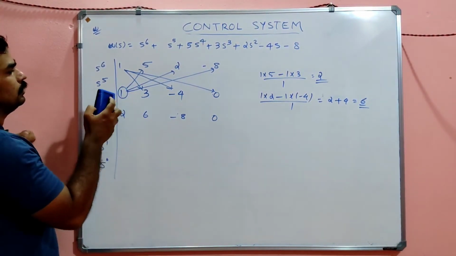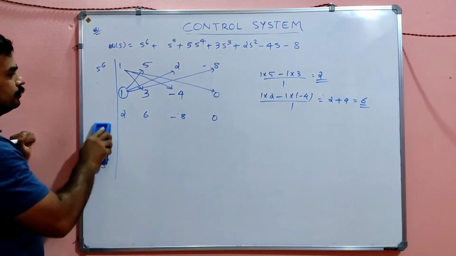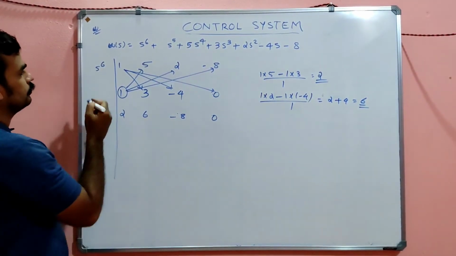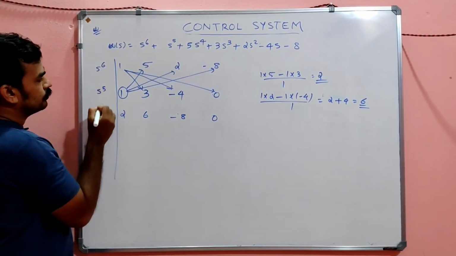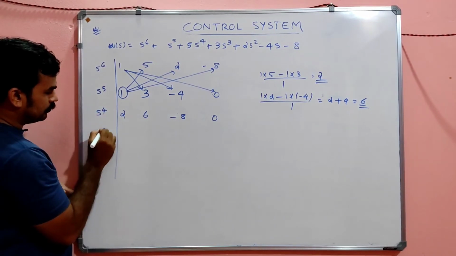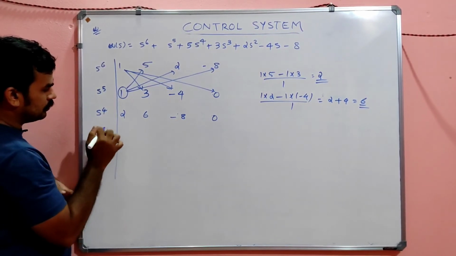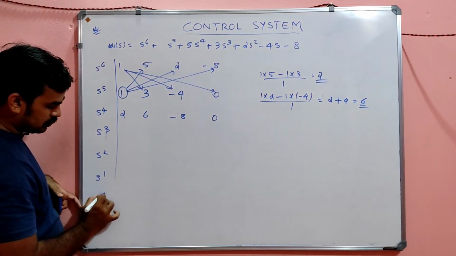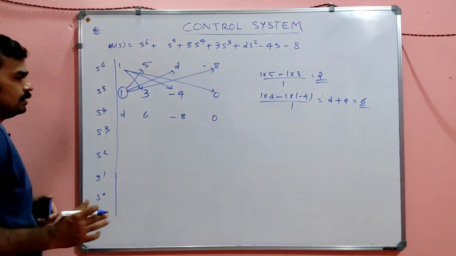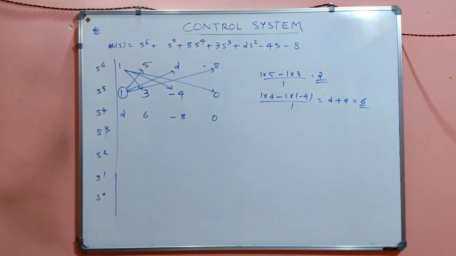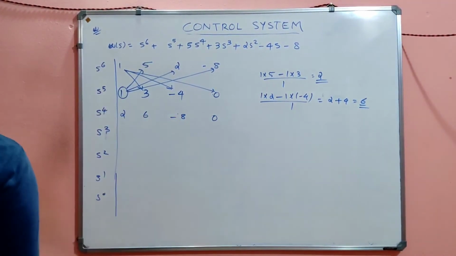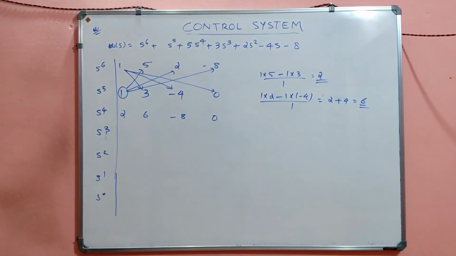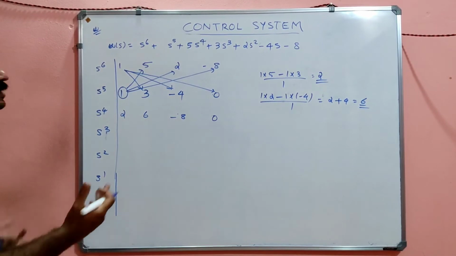I just rearranged; I mean, the term I missed here. So it will be the S raised to 4 term: 2, 6, minus 8 and 0. Correct now? 2, 6, minus 8 and 0.